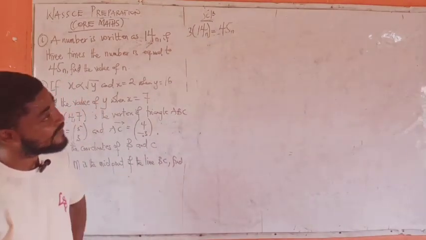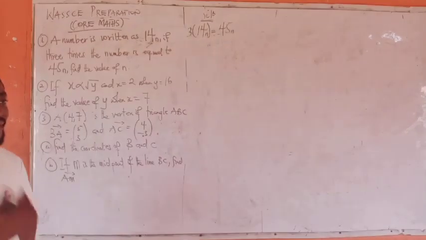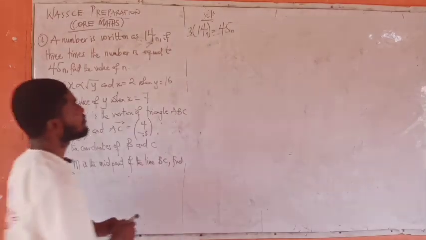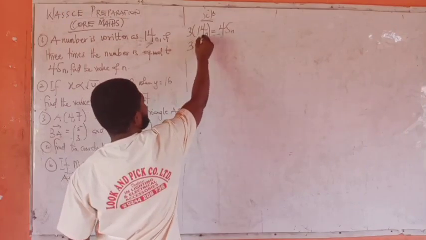Now we try to convert all of them to base 10. When we are done, we can multiply. So I keep my 3 outside.